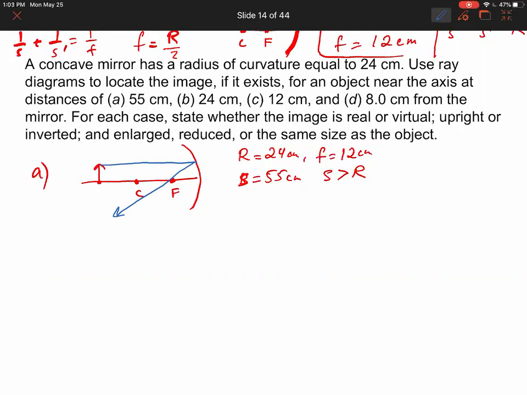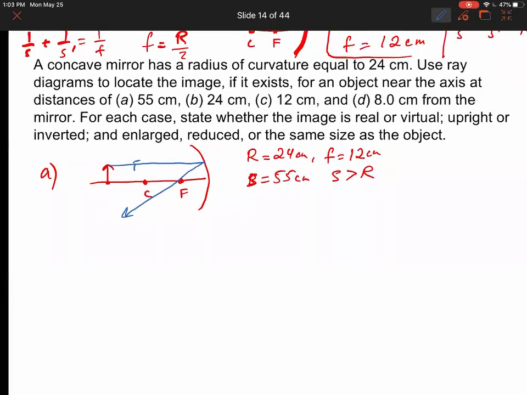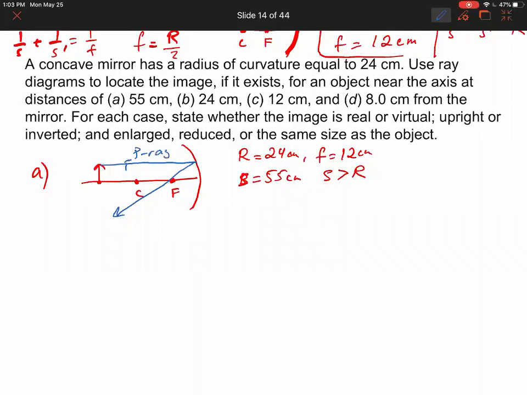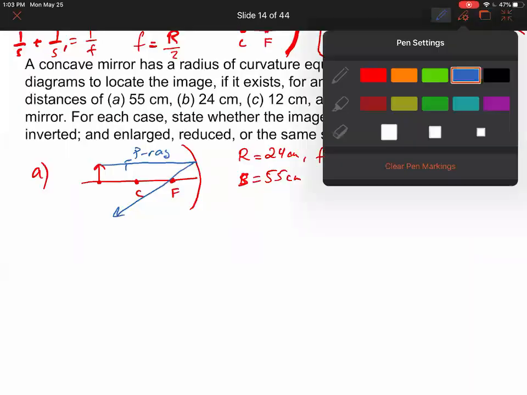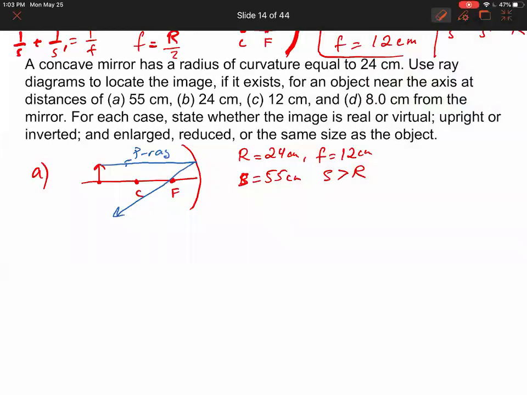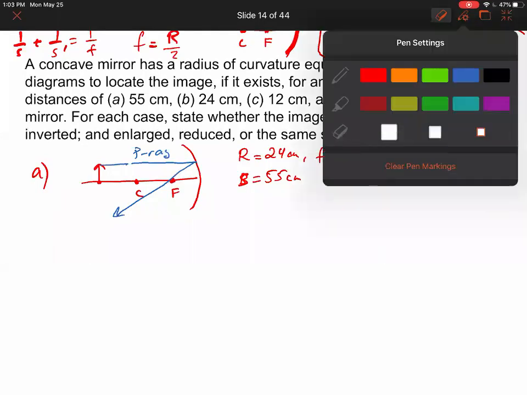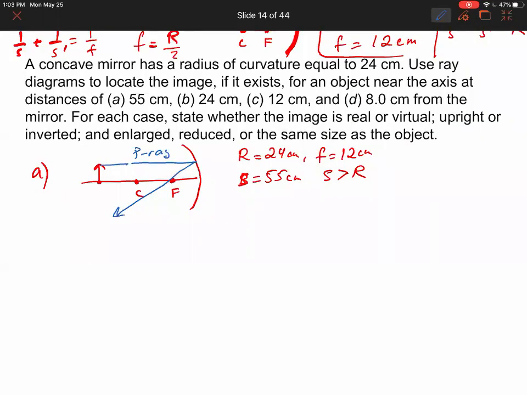Then I have what I call the F ray. So the P ray is parallel then through the focal point. The F ray goes through the focal point and then parallel.